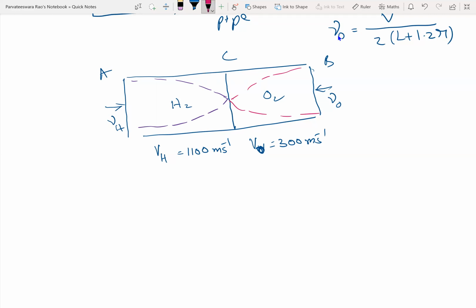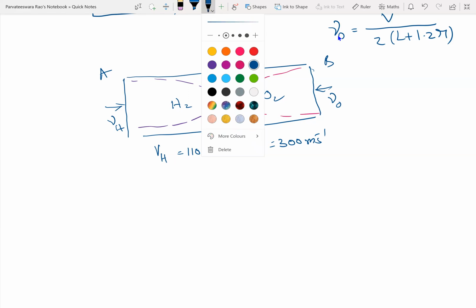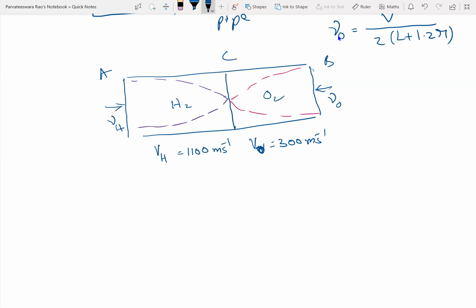So to solve this, nu H is VH by 4 into LH, the length of the hydrogen column. And the frequency of the portion where oxygen is present is V naught by 4 into the length of the oxygen column.